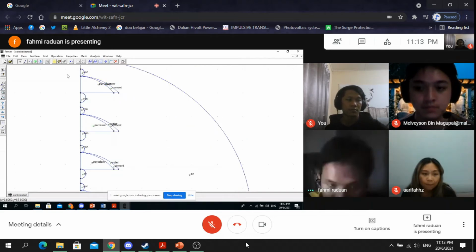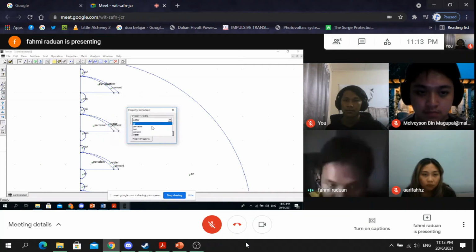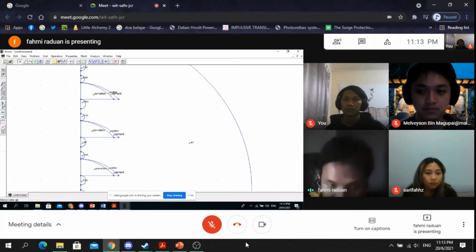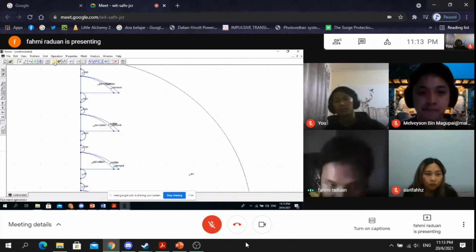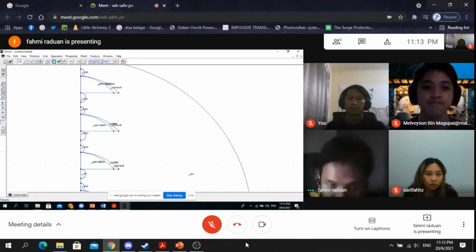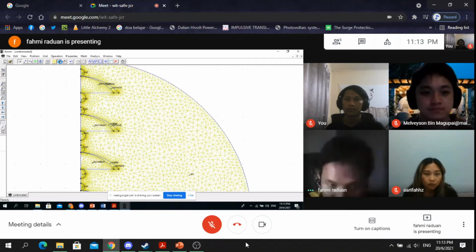So for the wet properties, the relative permittivity for water is 80, and for cement the relative is 12. So it's the same steps for the wet test. We have to mesh first, then we have to solve.